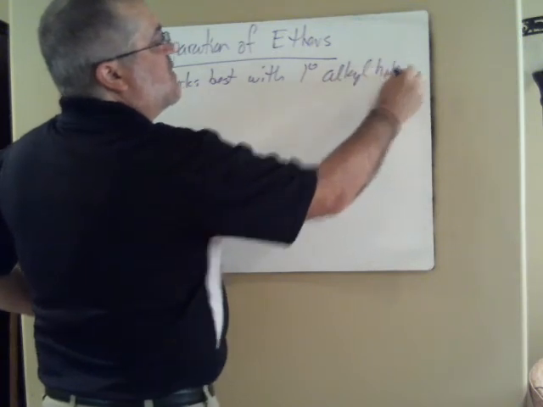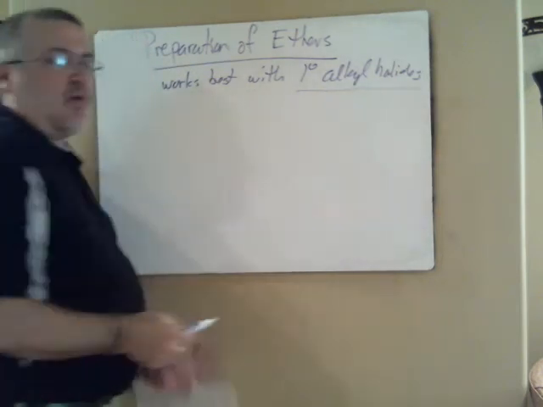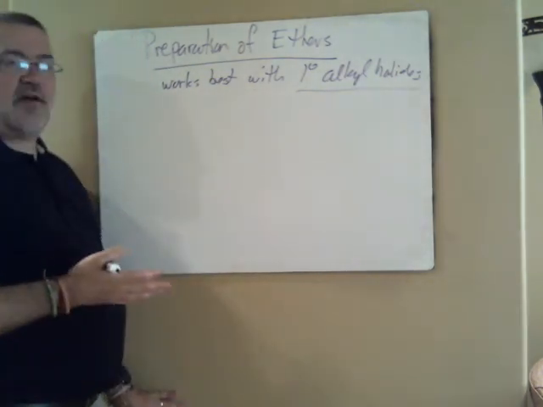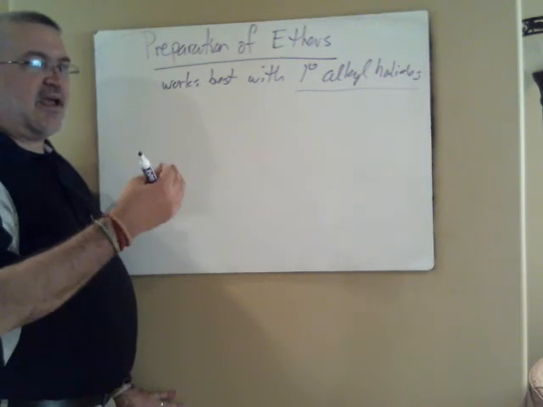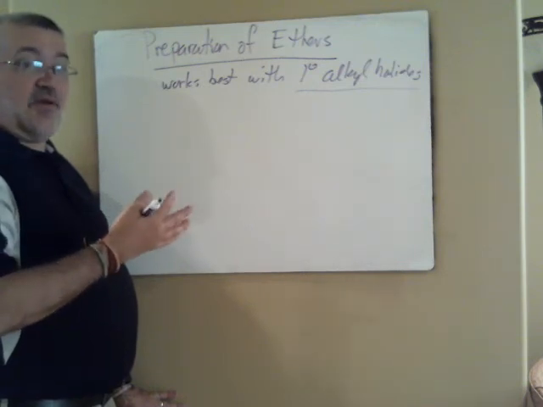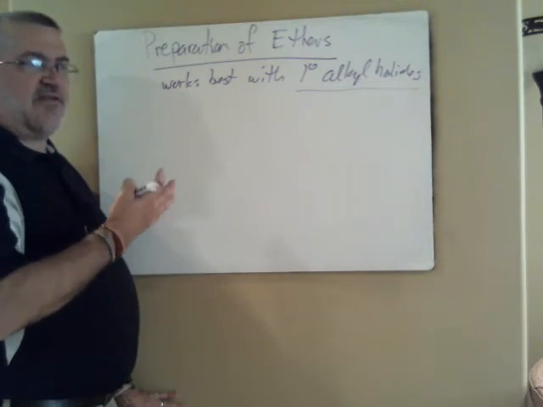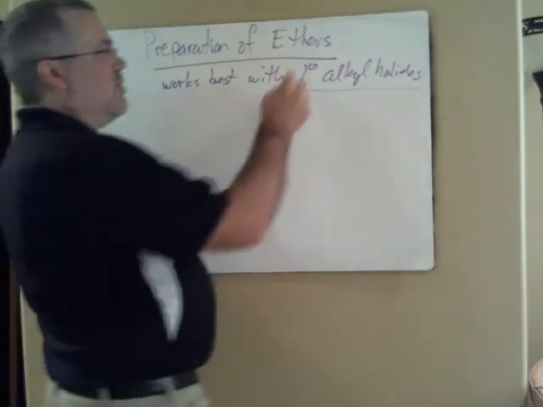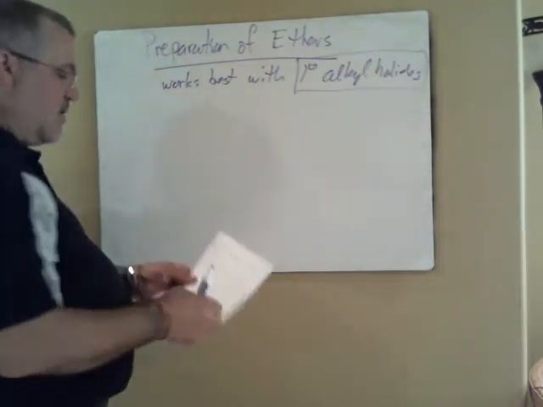So whatever your alkoxy nucleophile is reacting with, it's going to work best when it's a primary alkyl halide. Because if you go to secondary or tertiary, then you bring in E2 eliminations. And so the reaction becomes less efficient and useful. So you're really pretty much limited to primary alkyl halides.